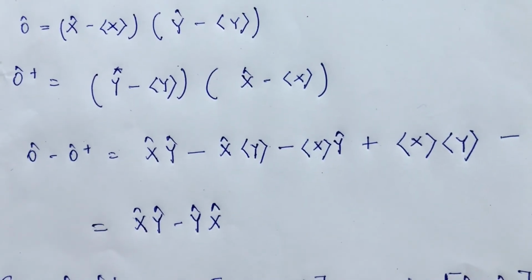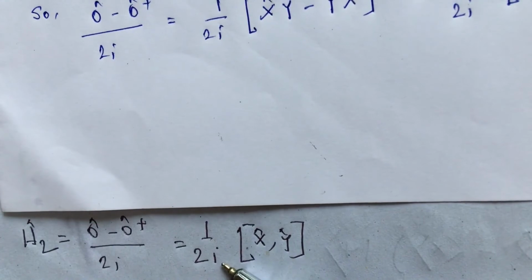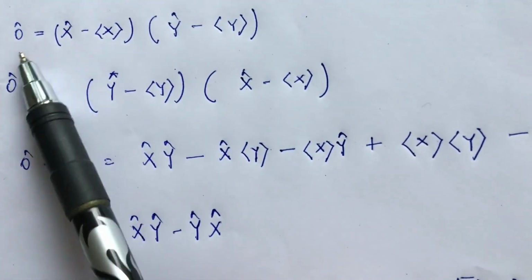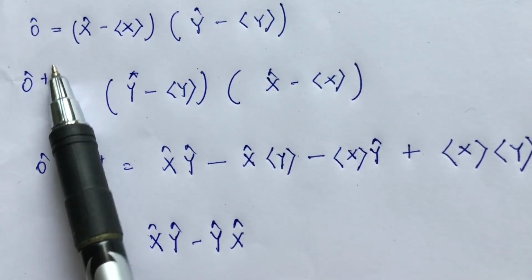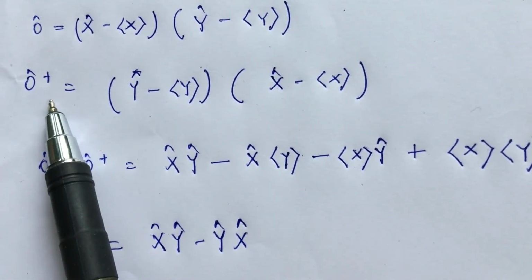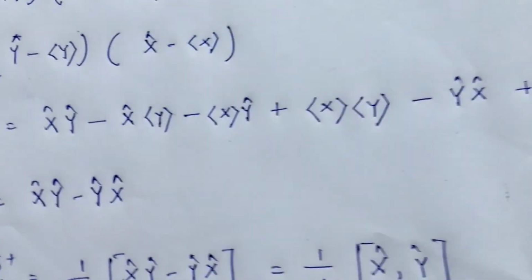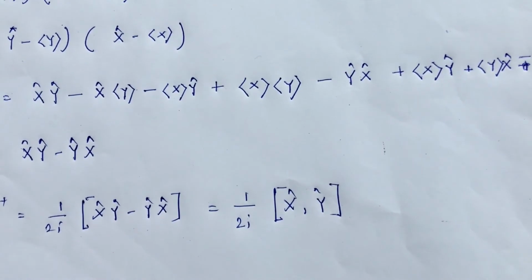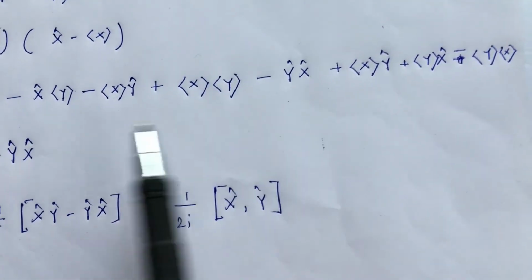Let me show you how I write H2 equal to this 1 by twice I and the commutation of x and y. So I started with the definition of O, and this is my O dagger. Let's make O minus O dagger, which is all these 8 terms.